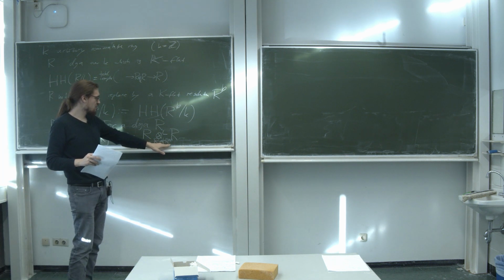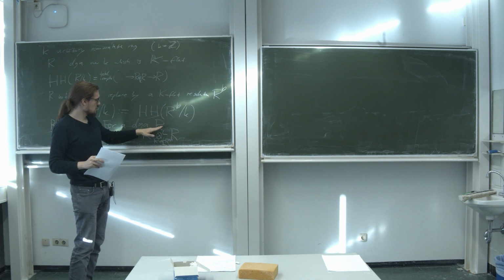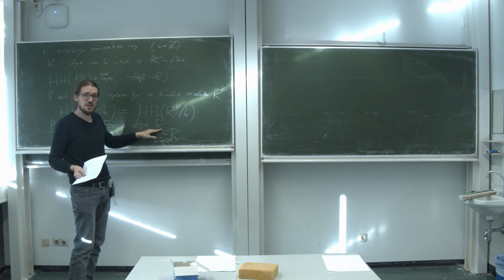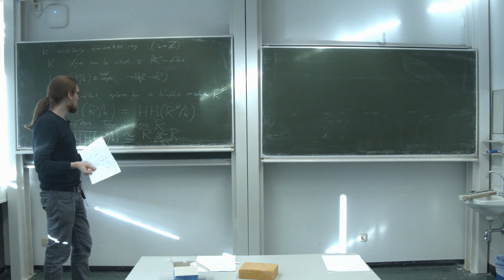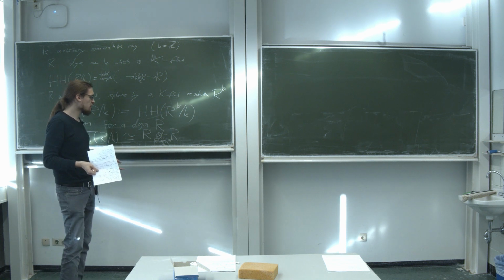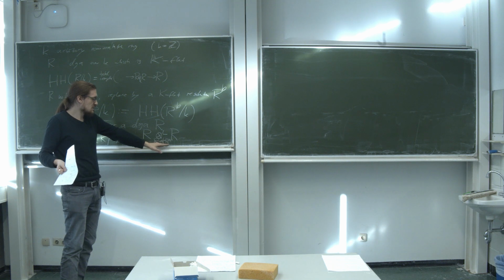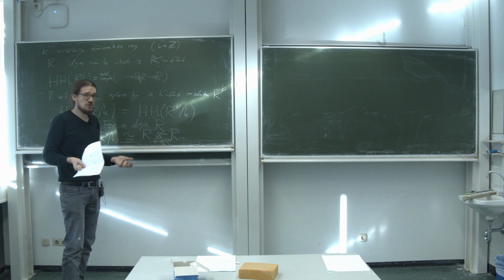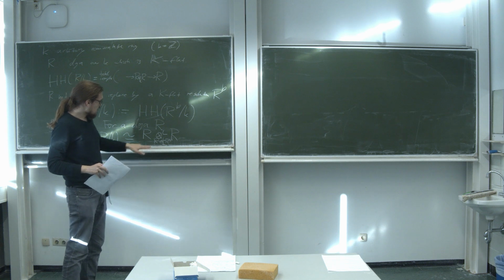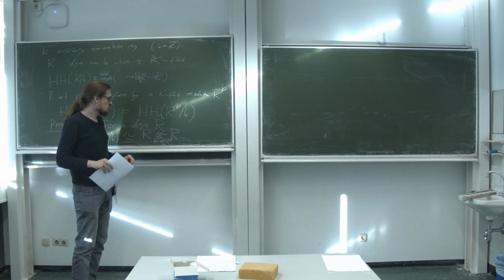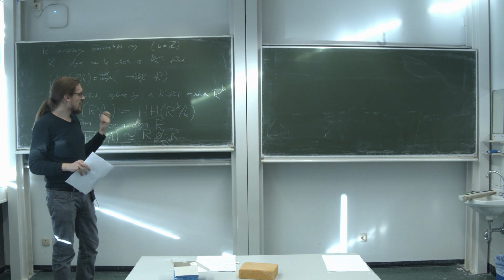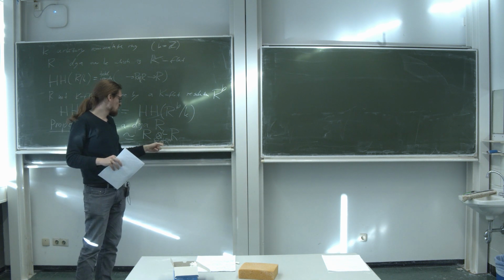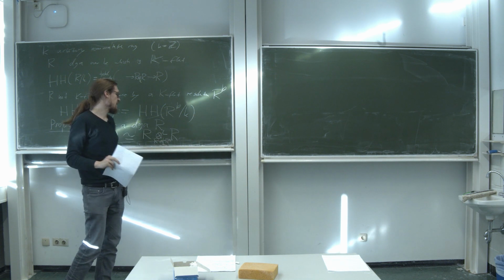R op simply refers to the DGA with the same underlying chain complex as R, but the opposite multiplication. If R is, for example, an ordinary commutative ring, this is the same as just writing R, but in general we have to distinguish here. How does this act on these two terms? Well, a module over R tensor R op is the same as an R, R bimodule, since an R op left action is the same as an R right action.